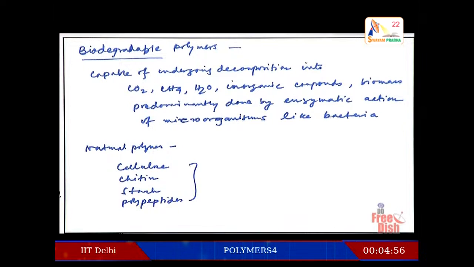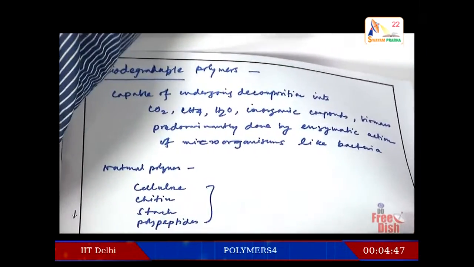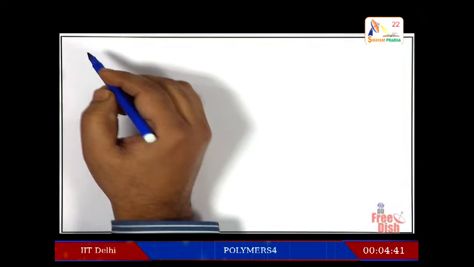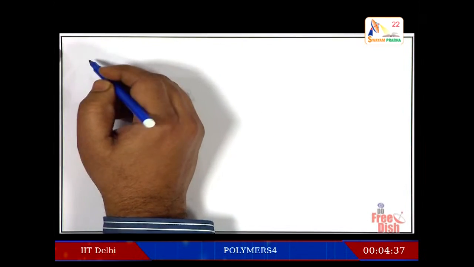So it is not a problem if you make polymers from these natural polymers; they will be biodegradable on their own. The problem comes when we deal with synthetic polymers.